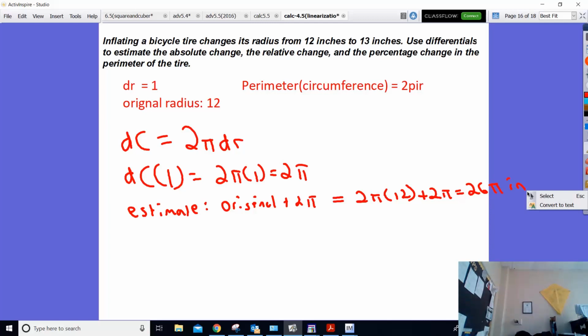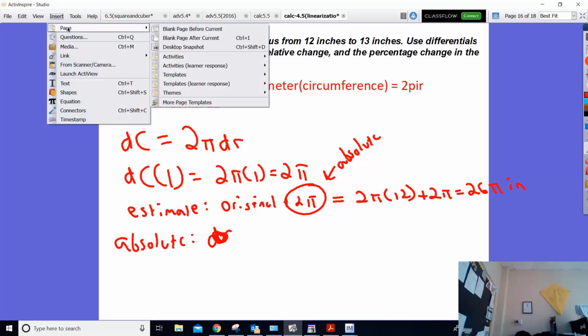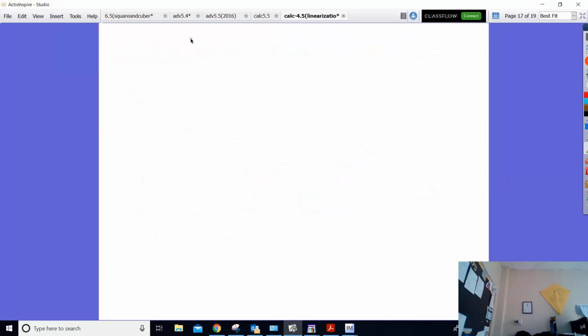By the way, this little piece here was the absolute change. I'm going to write these down. Absolute, this guy is going to be dr, change in r. I just need to insert a new slide on this one. Now I'll go back to it.